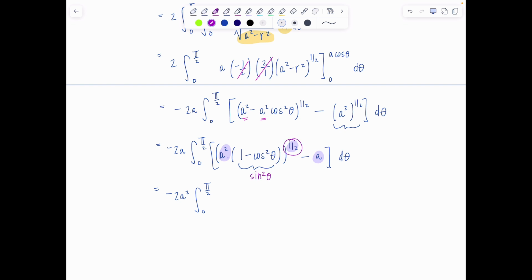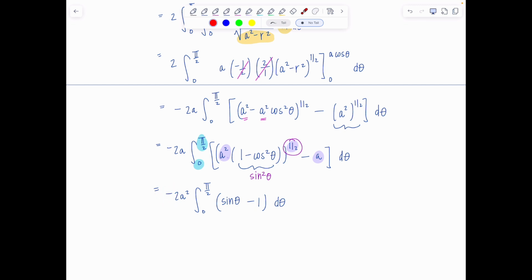It's technically absolute value of sine theta, but we're on the interval from 0 to pi over 2. What quadrant is that? 1. So sine's positive there, so I don't have to worry about putting absolute value. I'll just have sine theta minus 1 d theta. Why 1? Because I factored the a out.